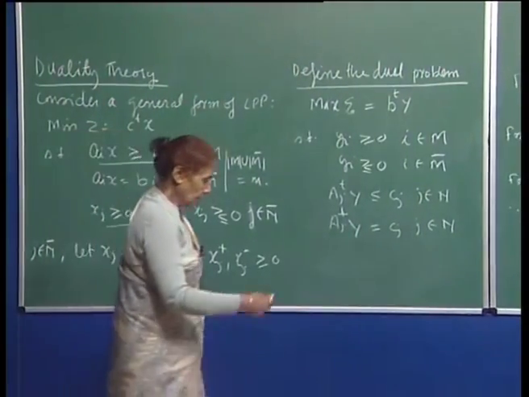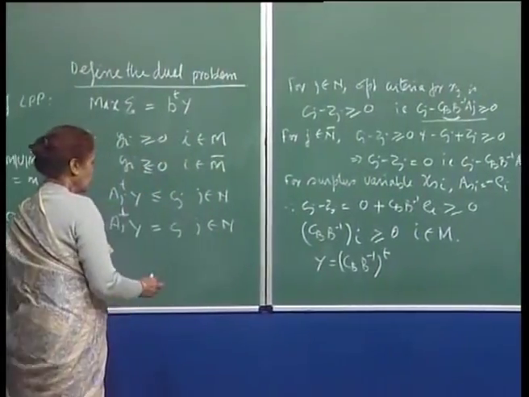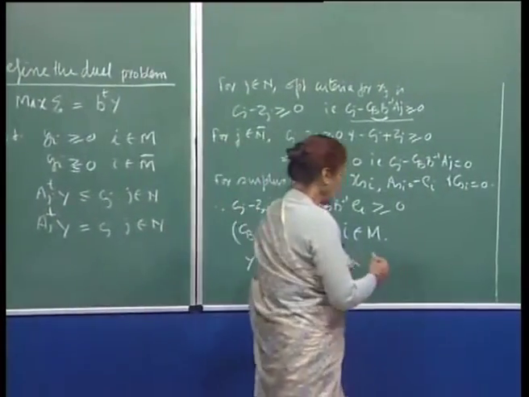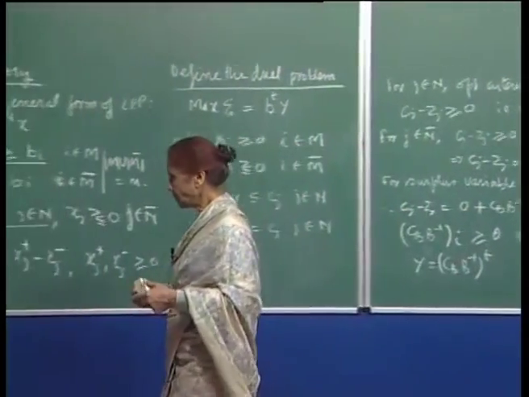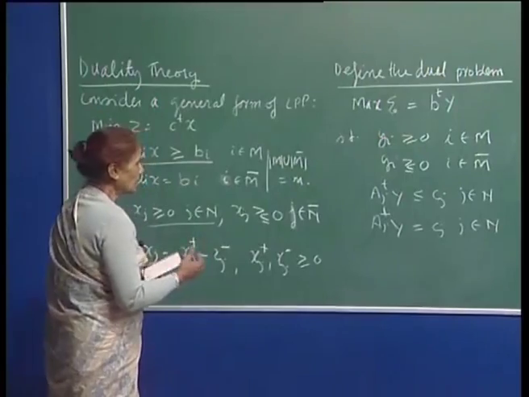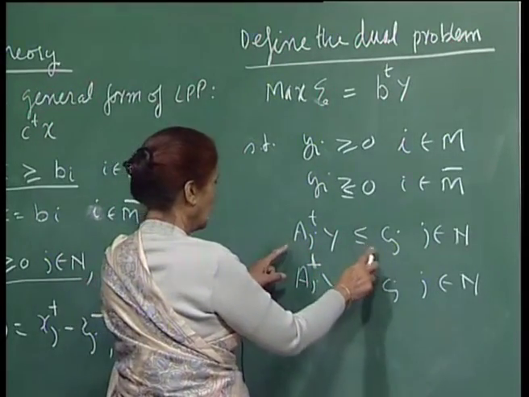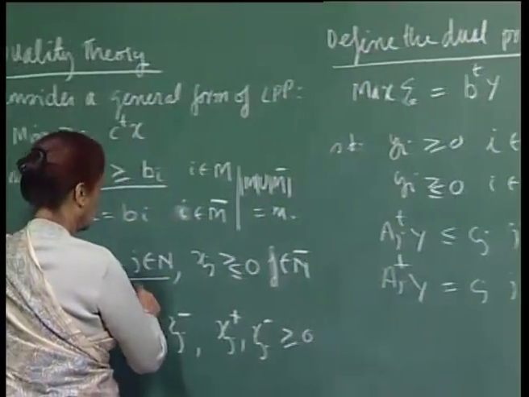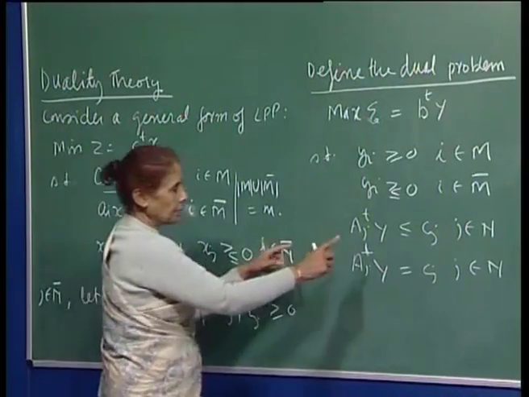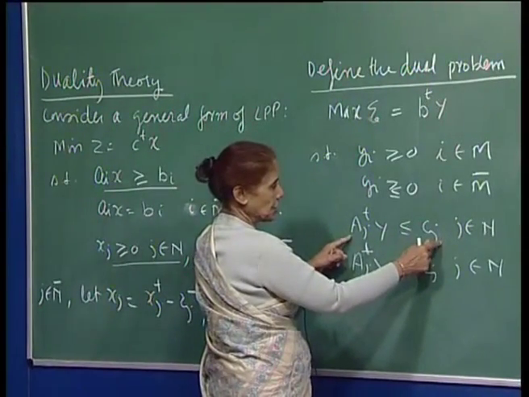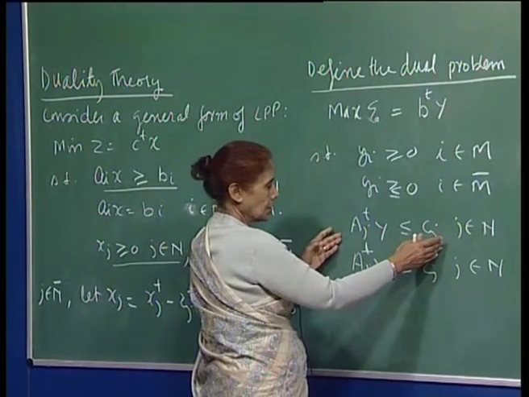Now, once I have this dual problem, let us see what kind of information we can extract from it, and how we can use it. If you look at this, because for j in N, xj is non-negative, if I multiply this constraint by xj and add for all j belonging to N, the inequality does not change.